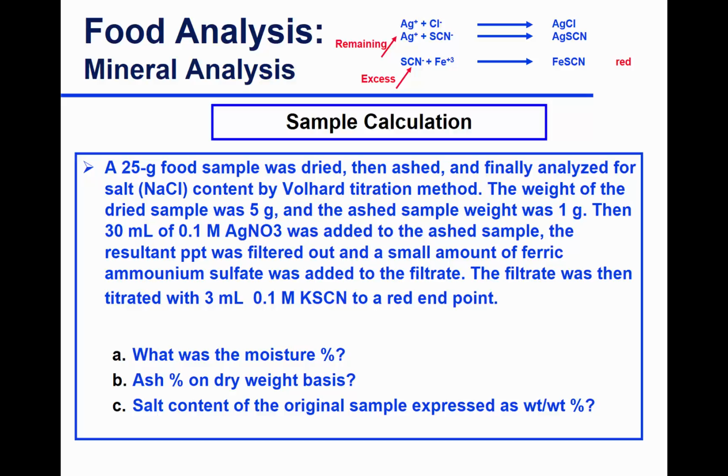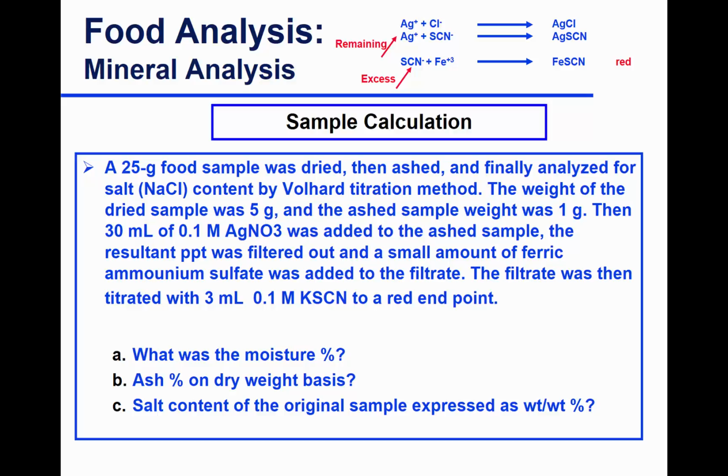So 0.1 mole in 1 liter, and then we have 3 milliliters, so 0.1 mole times 3 milliliters. So this is 0.0003 moles. Okay.